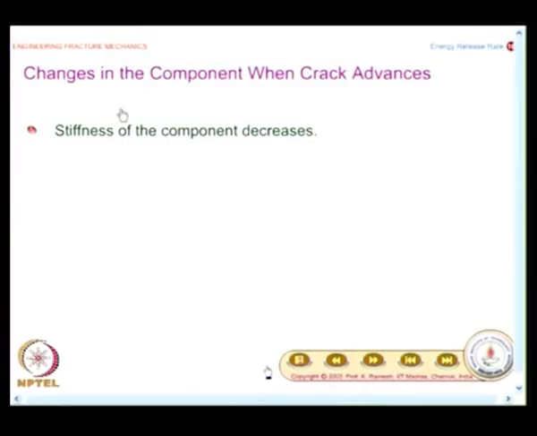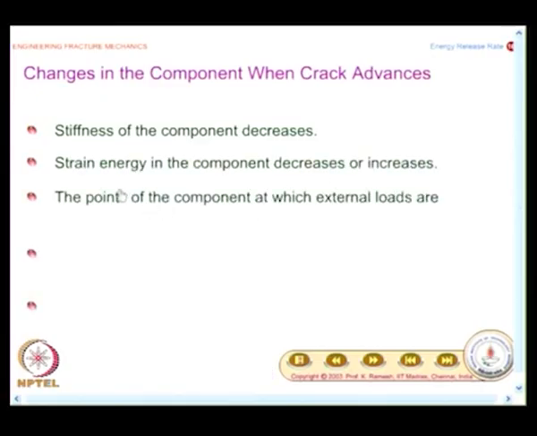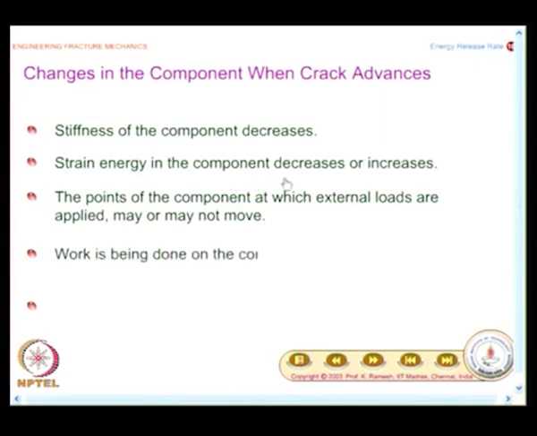And we have also looked at and asked a question, what are the changes in the component when crack advances? One obvious change which all of us could recognize easily is stiffness of the component decreases. Then we moved on to look at whether strain energy in the component decreases or increases.